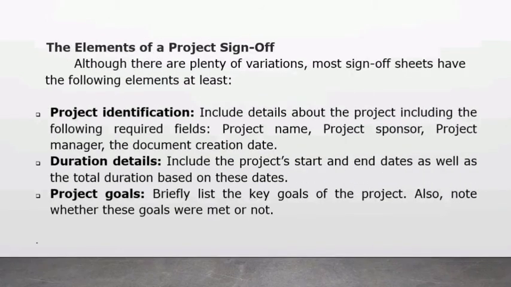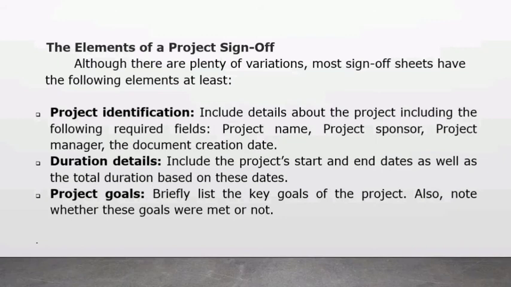So the elements of a project signed off. First is project identification, which includes the details about the project. It also includes the following requirement fields, which is project name, project sponsor, project manager, and also the document creation date.